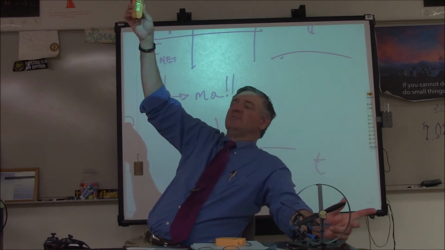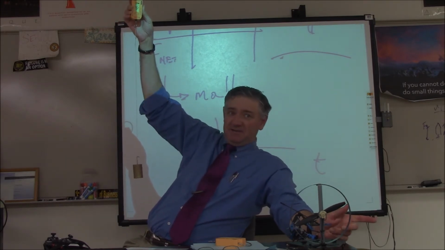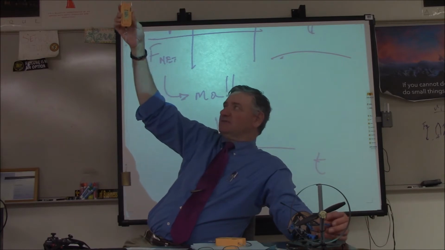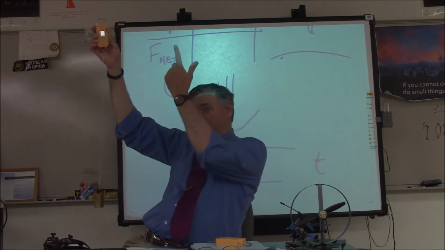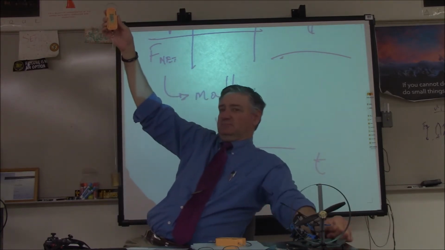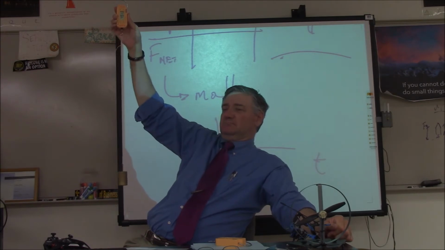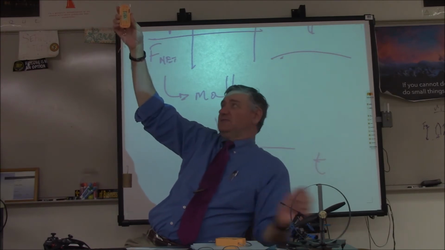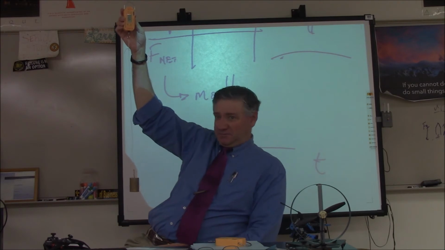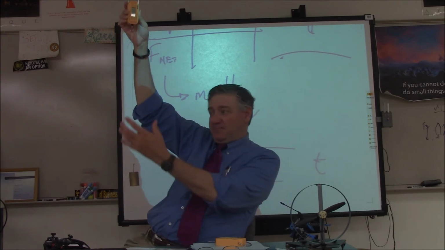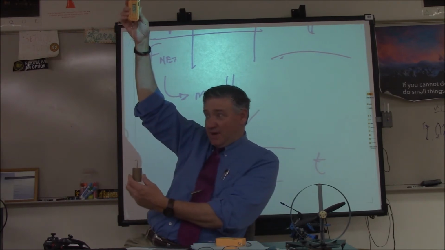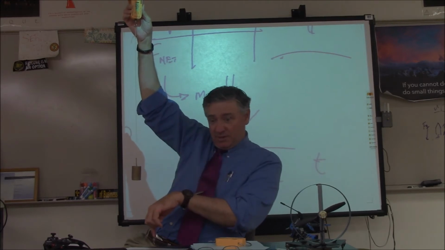It's zero, because it's not accelerating. So that leaves either the applied force or the opposing force. Would it be measuring the applied because it's holding it up? Yes, this is measuring my applied force. Good job, Felix. My opposing force, which is gravity, would be negative 4.9 newtons.